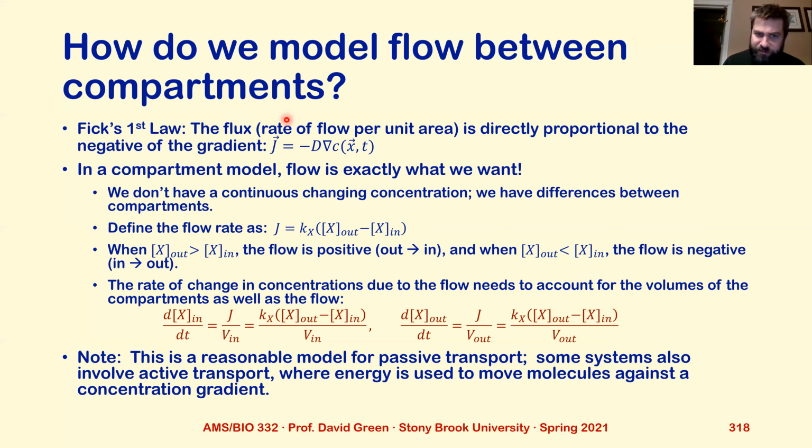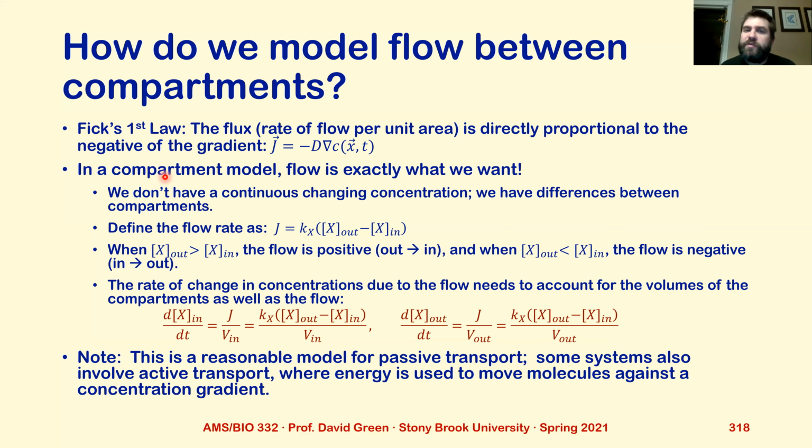And so we can write a flow vector that's in the direction of the negative gradient, and proportional to its magnitude. And in many ways, in the compartment model, flow is exactly what we want. We want to understand how much material is passing, flowing from one region to the next. And so this is a natural place to start.